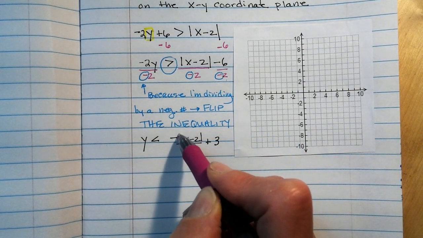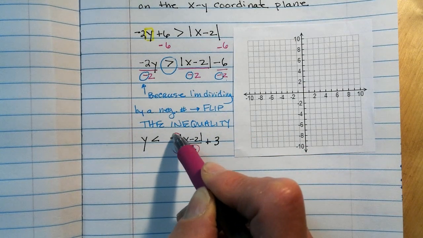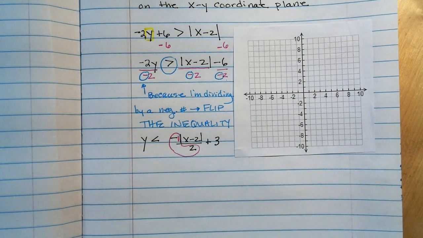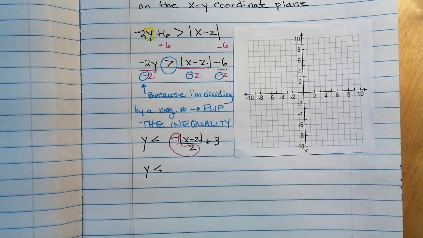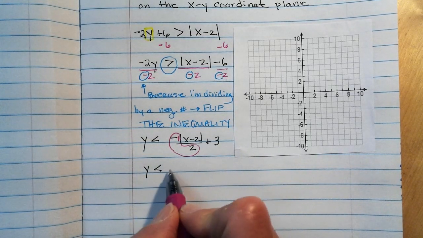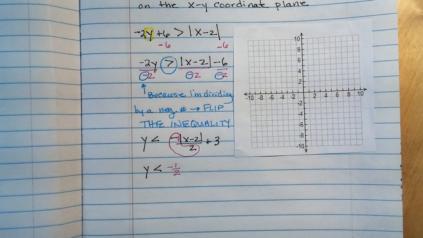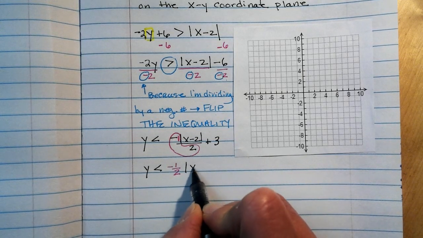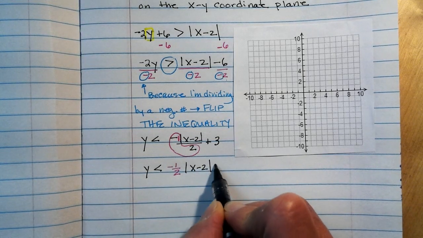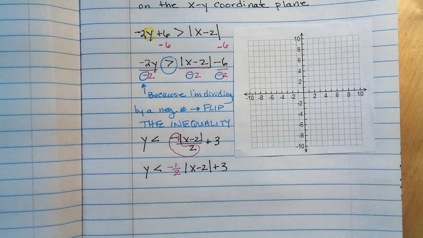You can see here we have the fraction 1/2. So the other way I could write that is y is less than -1/2, the 2 stays in the denominator, absolute value of x minus 2, plus 3.